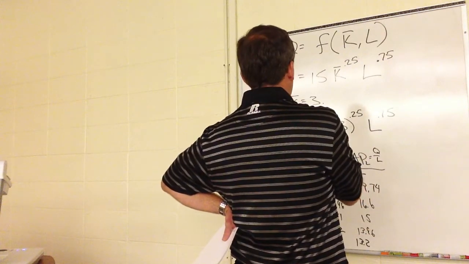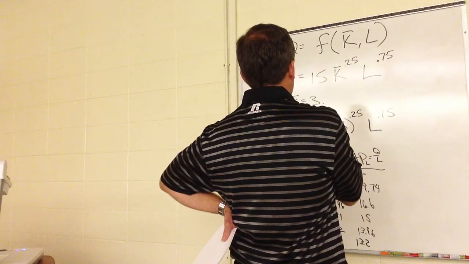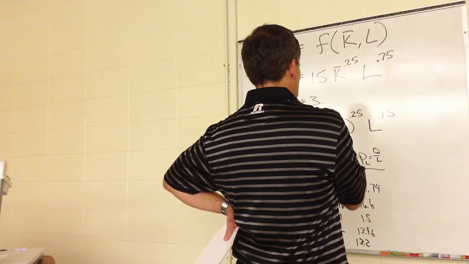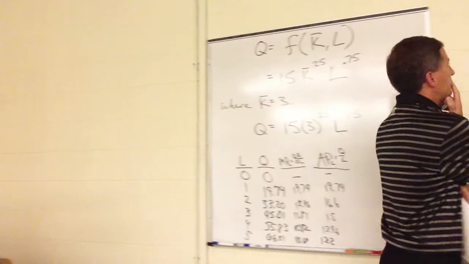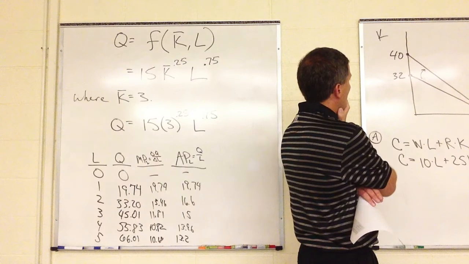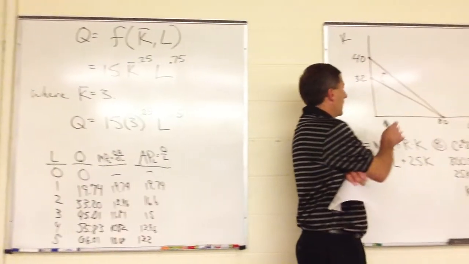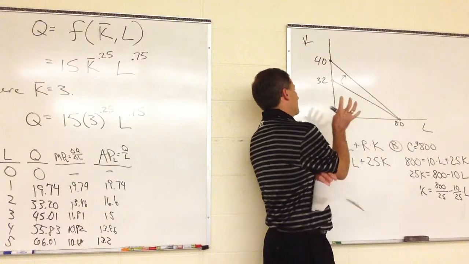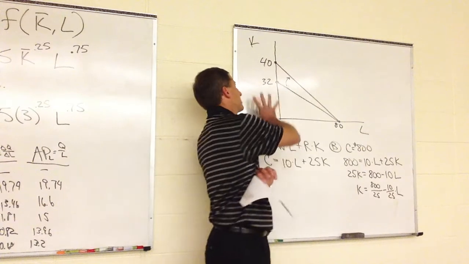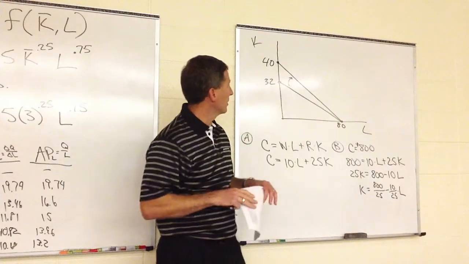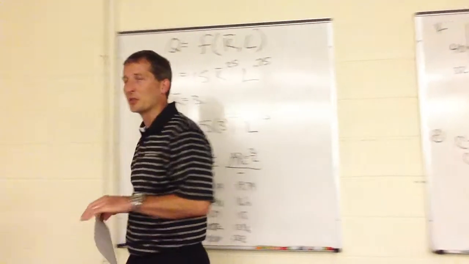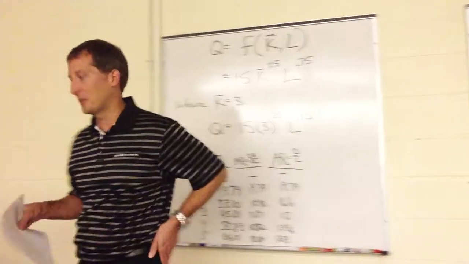While I'm gone, I want you to have a production function and show the optimal quantities of labor and capital with some sort of production function of your choosing, and show how the firm is maximizing profits.